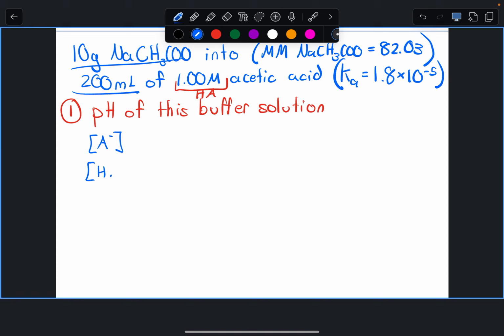The HA, you already know its concentration. This is not a dilution because you're not mixing two volumes. You just have to find the molarity of the sodium acetate by converting it to moles over liters. Before you can do anything else, you need to find that molarity.